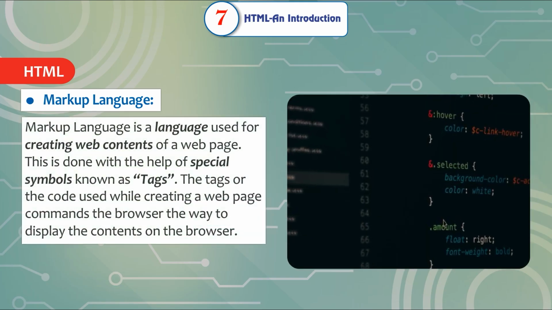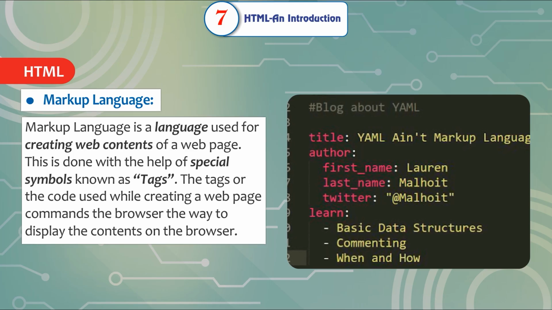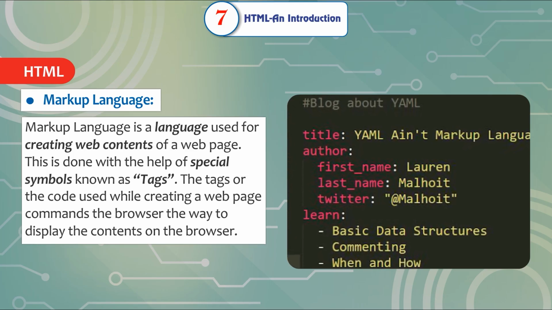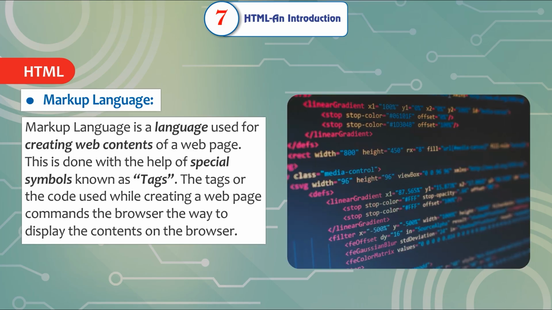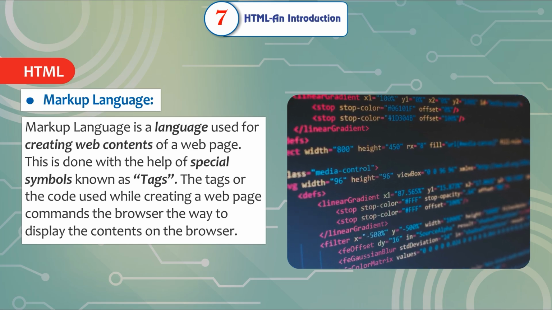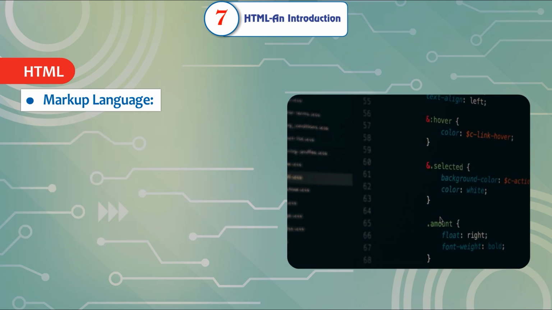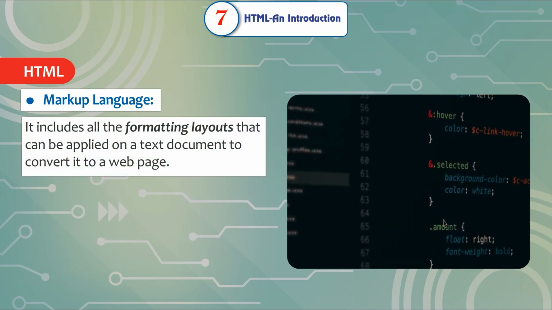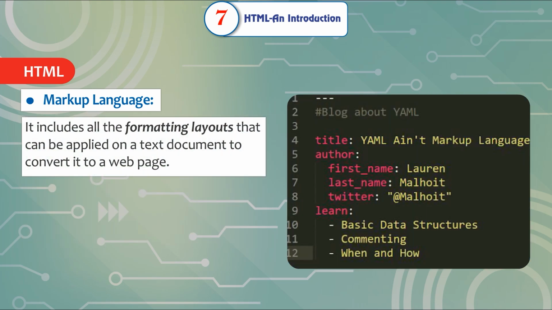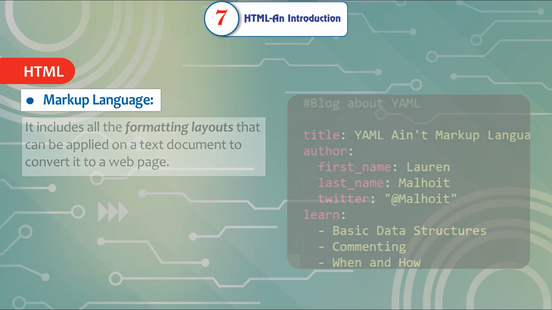Markup language is a language used for creating web contents of a web page. This is done with the help of special symbols known as tags. The tags or the code used while creating a web page command the browser on the way to display the contents on the browser. It includes all the formatting layouts that can be applied on a text document to convert it to a web page.